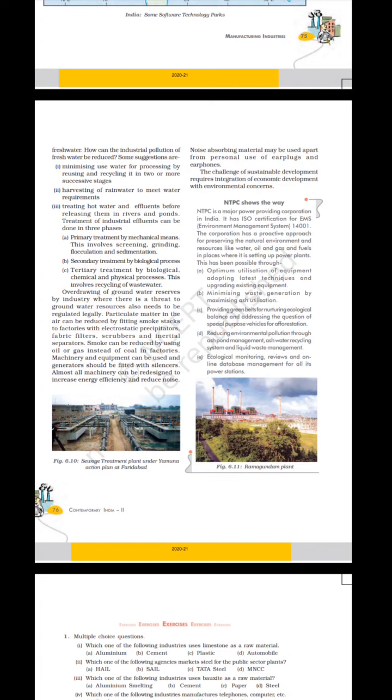This has been possible through optimum utilization of equipment, adopting latest techniques, and upgrading existing equipment, minimizing waste generation by maximizing ash utilization, providing green belts for neutral ecological balance, and addressing the questions of special purpose vehicles for afforestation, reducing environmental pollution through ash pond management, ash water recycling system, and liquid waste management, ecological monitoring, reviews, and online database management for all its power stations.